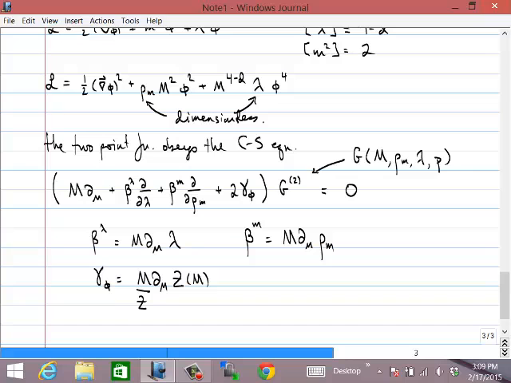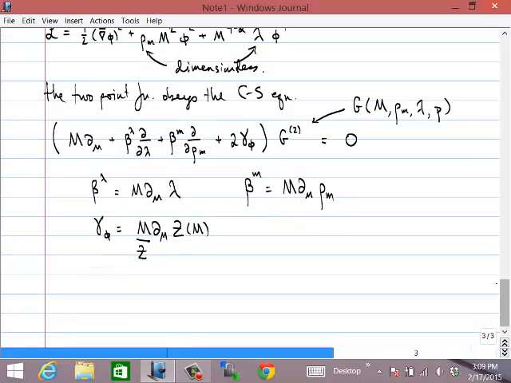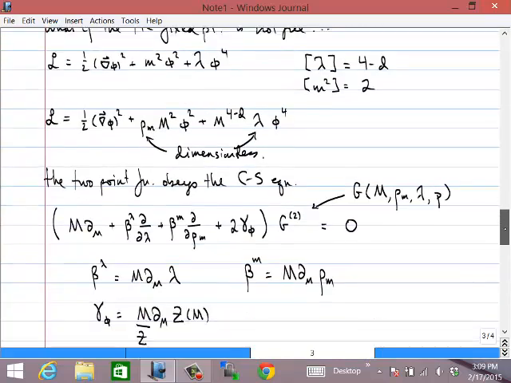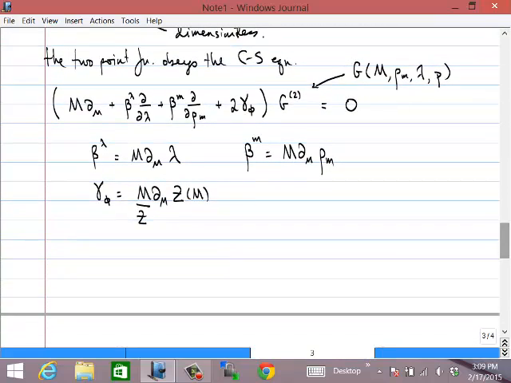So the basic point is the following. We've decided to look near a critical point. And near a critical point, we've decided to tune everything so that the correlation length diverges. And so that means that rho m, the mass scale, which determines the effective mass scale of your low energy theory, will be very small.